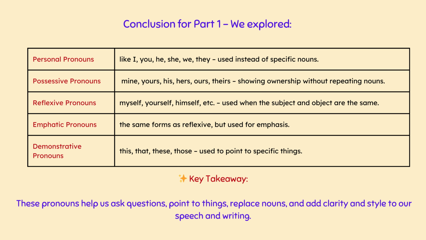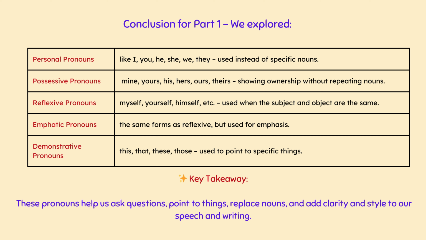Let's quickly recap what we've learned in part 1 of our journey through English pronouns. We explored personal pronouns like I, you, he, she, we, they, used instead of specific nouns. Possessive pronouns, mine, yours, his, hers, ours, theirs, showing ownership without repeating nouns. Reflexive pronouns, myself, yourself, himself, etc., used when the subject and object are the same.